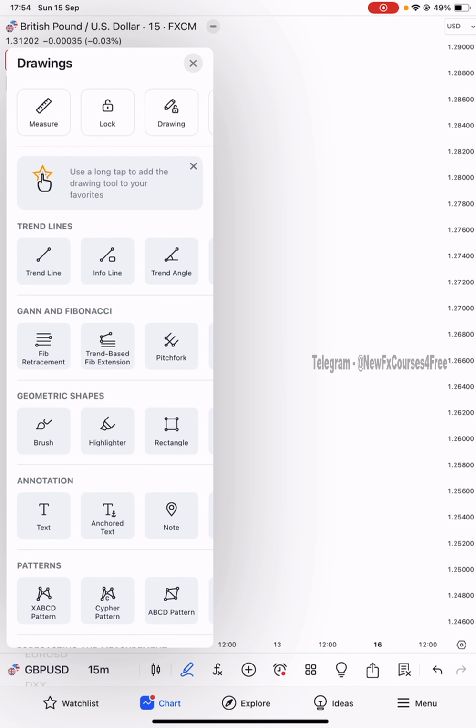So choose a candle you want to trade. Anticipate that candle's bias, so the most likely direction and shape of that candle. Once you have that, so let's say you want to trade a monthly candle. You are bullish for that monthly candle.